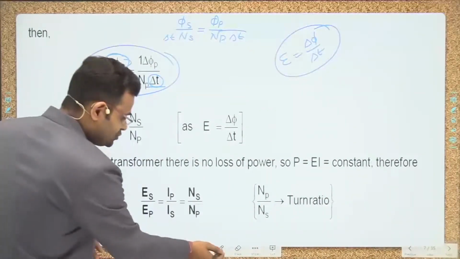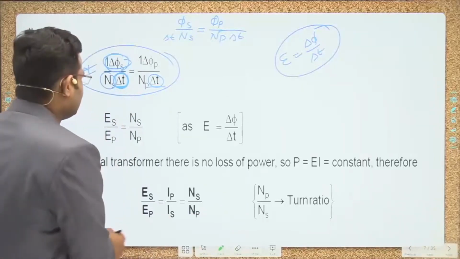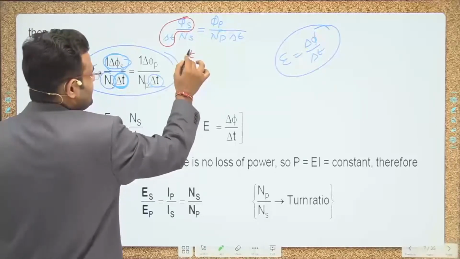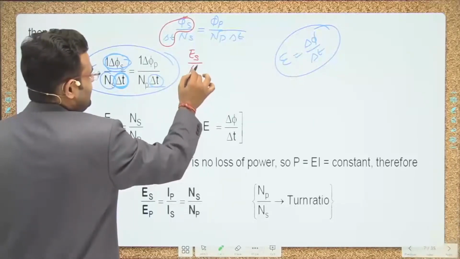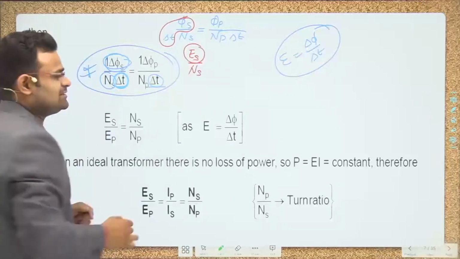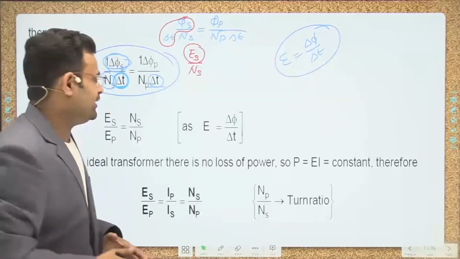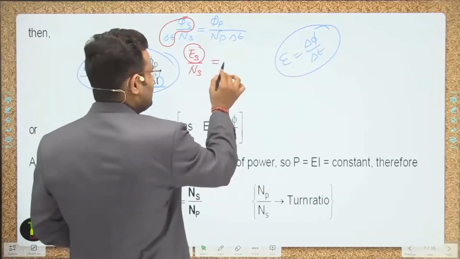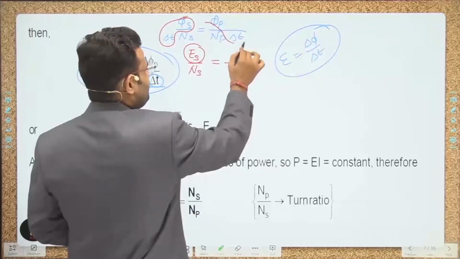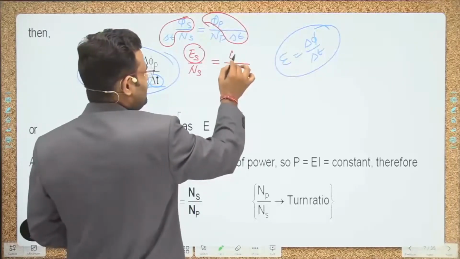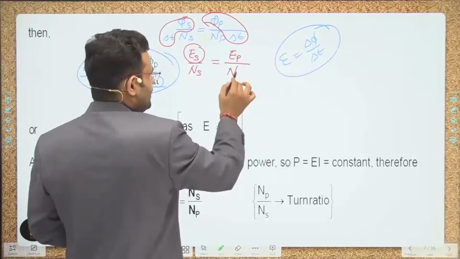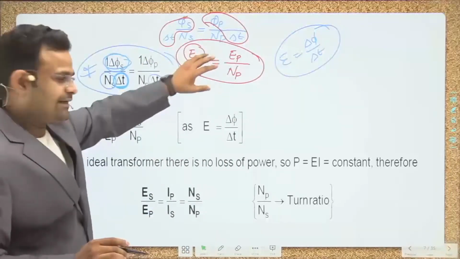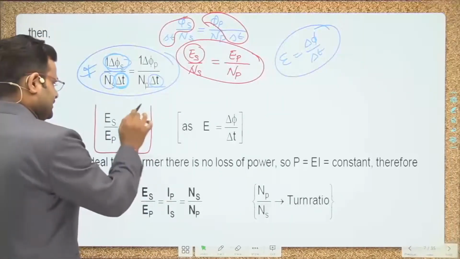So if we talk about phi s upon del t, it becomes Es upon Ns. What do you mean by Es? That is the voltage in the secondary coil, and Ns is the number of turns in the secondary coil, which is equivalent to Ep upon Np, the potential in the primary upon the number of turns in the primary coil. Okay guys, understand that concept?